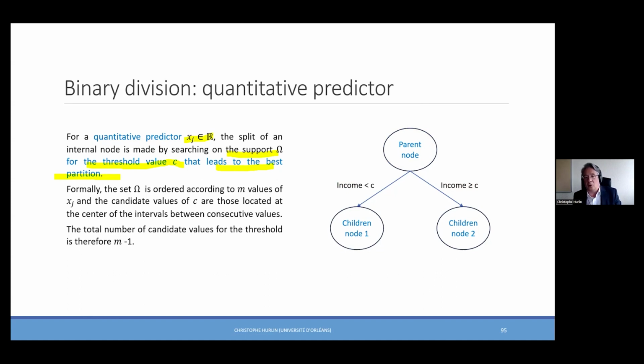In general, we order the variable, for instance the income of all the individuals, and then we consider M values, for instance 200, 300, 500, 900, etc. Then we consider M-1 potential divisions that I could produce using the income.